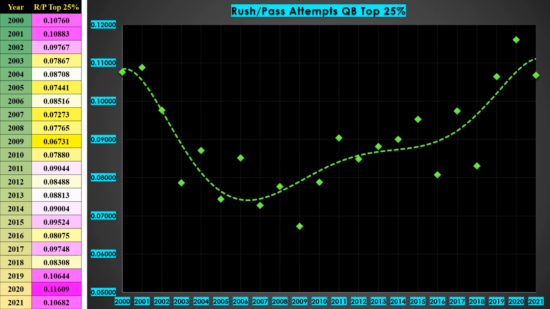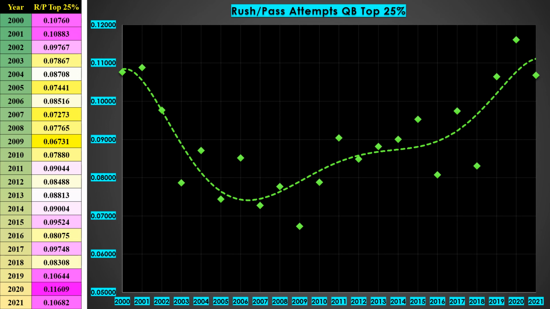What I did was calculate, for the top 25 percentile quarterbacks from each year, 2000 to 2021, the average number of rushing attempts versus the average passing attempts for those quarterbacks that year. And I colorized it purple to yellow.